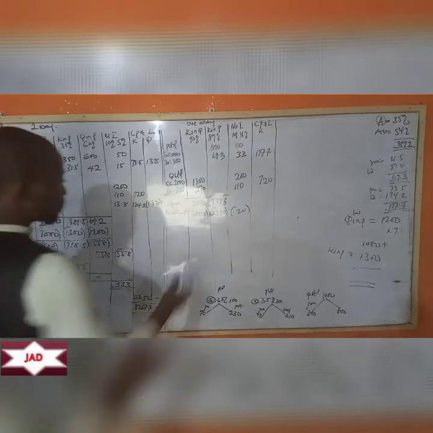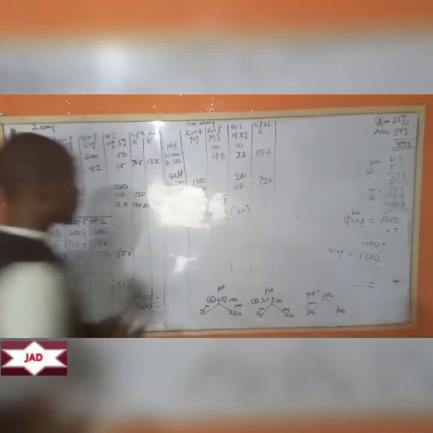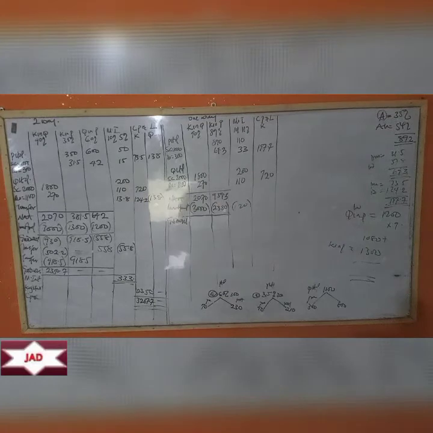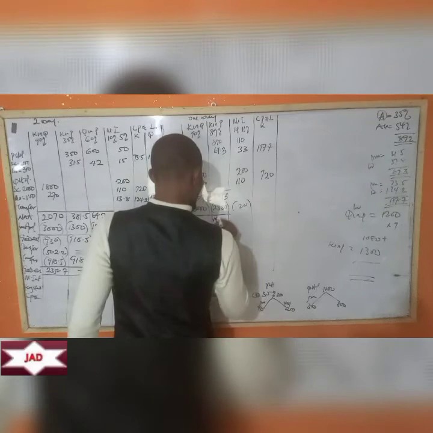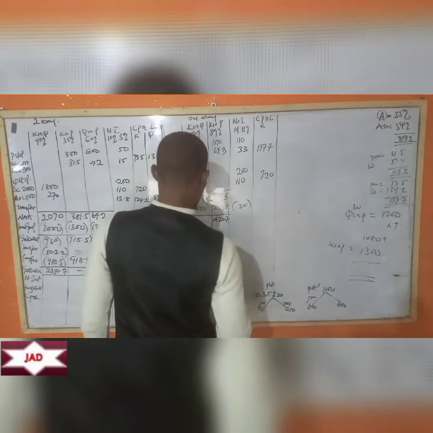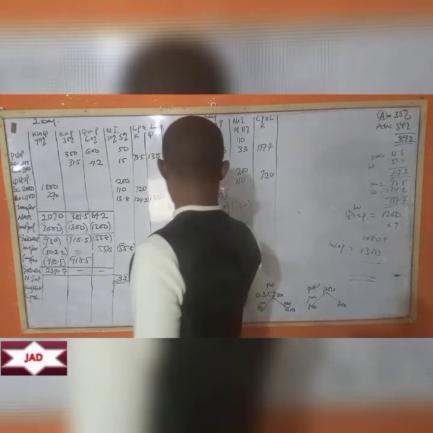So let's go. What's the difference now? 959.3 minus 2,380. What do you have there? 1420.7. So this will give you 930.